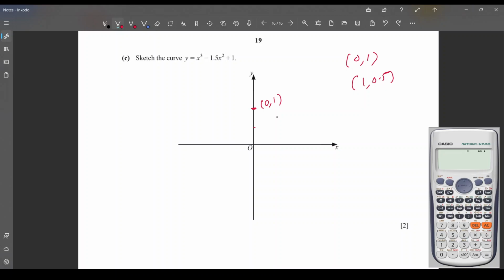You know that it is a cubic polynomial graph, so we can draw the maximum point as this one and the minimum point as this one. So for the graph we have to sketch it like this.